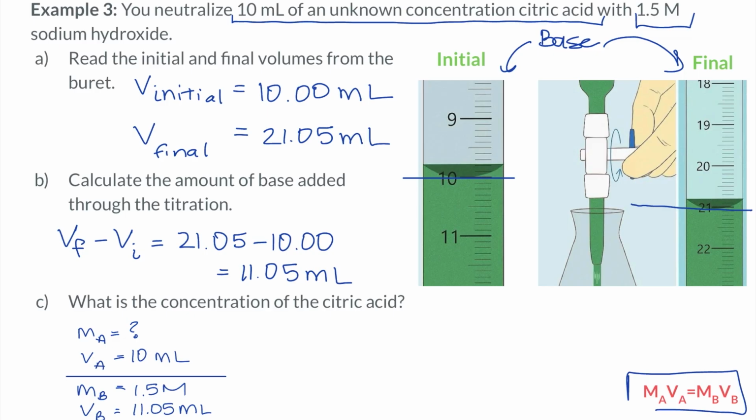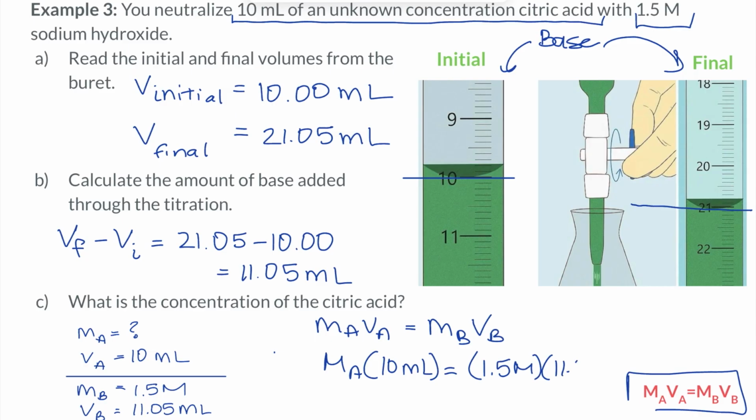I have my milliliters matching, and so I don't need to worry about that. And I can go ahead and plug those in. MA times VA equals MB times VB. We're going to have MA times 10 milliliters equals 1.5 molar times 11.05 milliliters.